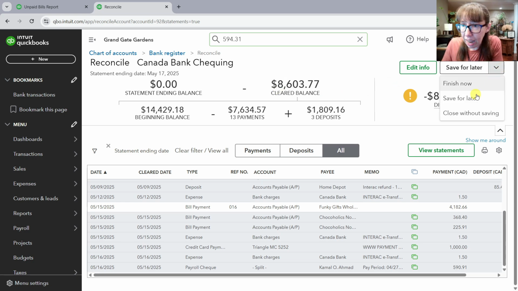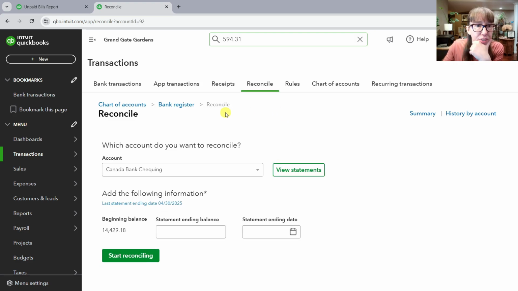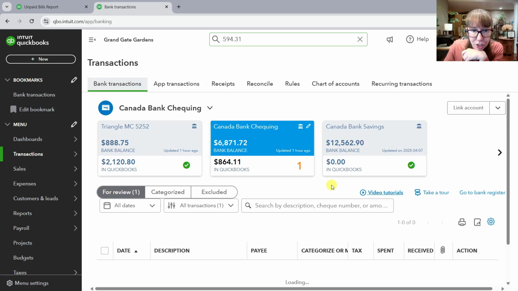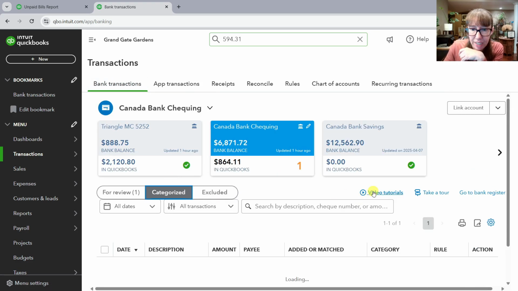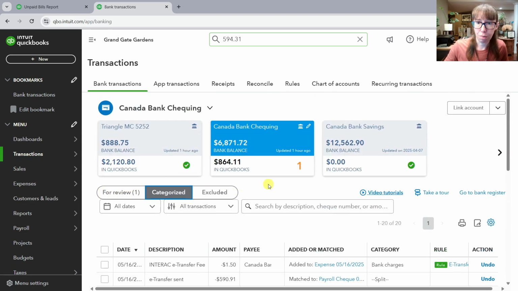So we're going to go ahead and close without saving because I was just cracking her open. We're going to go back to the bank transactions, back over to categorized, and down to this multiple transactions. And here, this undo, we're going to have a quick word about it. The undo button undoes whatever the bank feed add match button did over on the review.